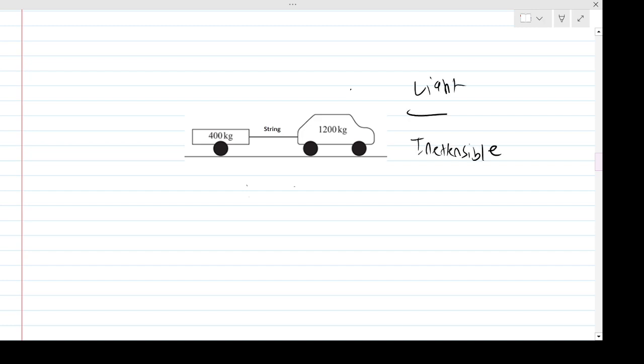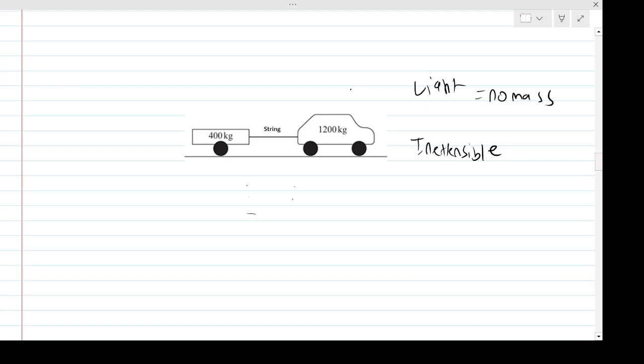So firstly, light means no mass. Imagine a string compared to a car and an extra vehicle. The string has no mass pretty much, so we call it light. Anything, not just a string, that is light has no mass.